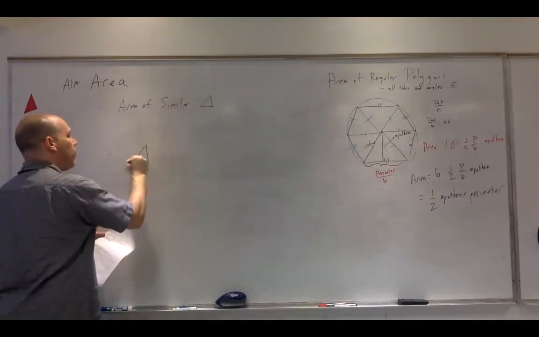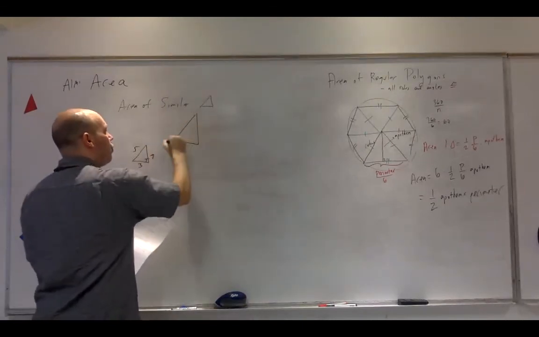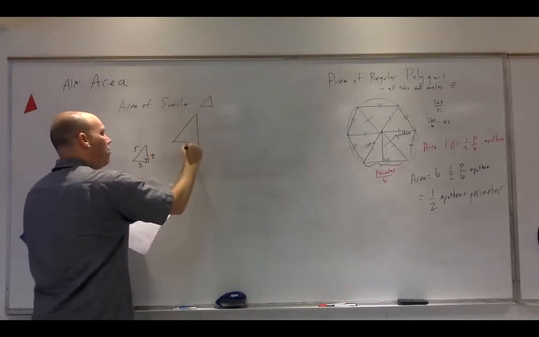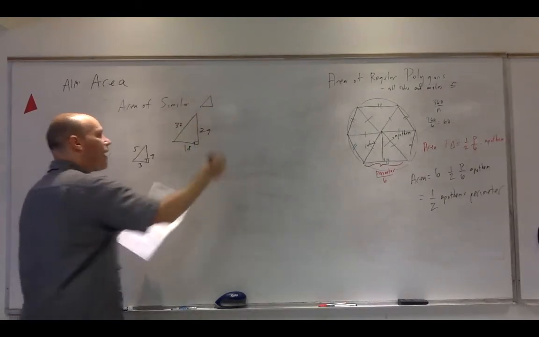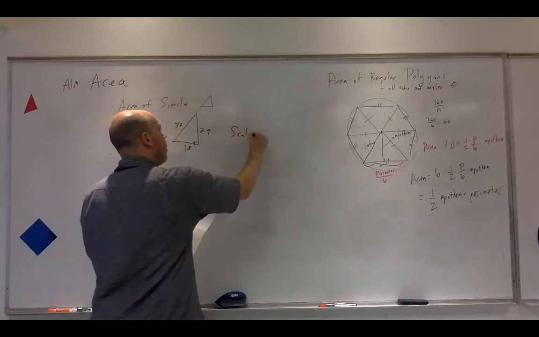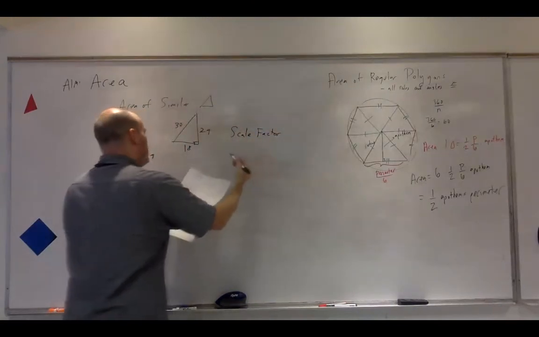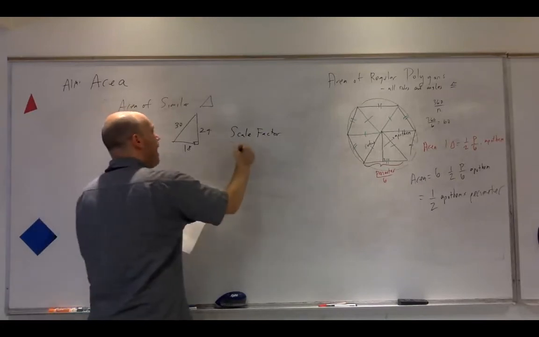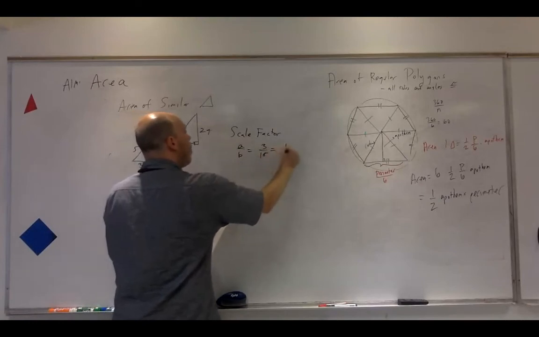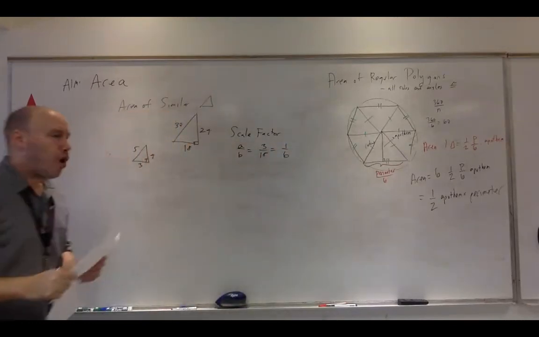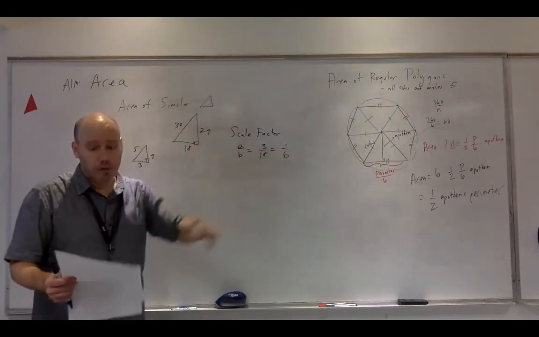We started with a 3, 4, 5 and expanded to an 18, 24, 30 figure. And so the scale factor was, let's call it A to B, which was 3 to 18, or 1 to 6. So the original figure was 1, the large figure was 6 times it.